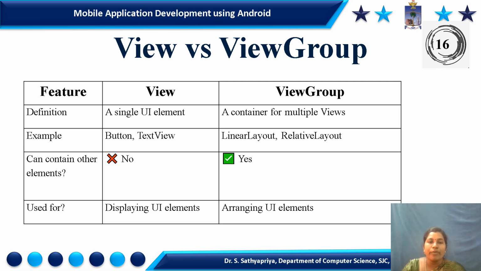The best examples for view are button, text view, edit text, etc. View group examples: linear layout, relative layout, frame layout, etc. Can a view contain other elements? No, but view groups contain other elements like button, text, edit text, etc. Mainly, views are used for displaying UI elements, but view groups are used for arranging UI elements.